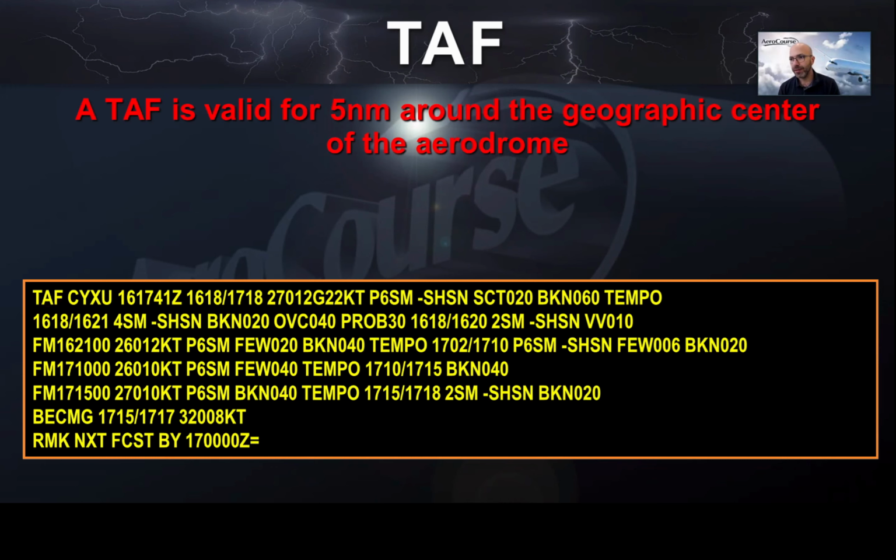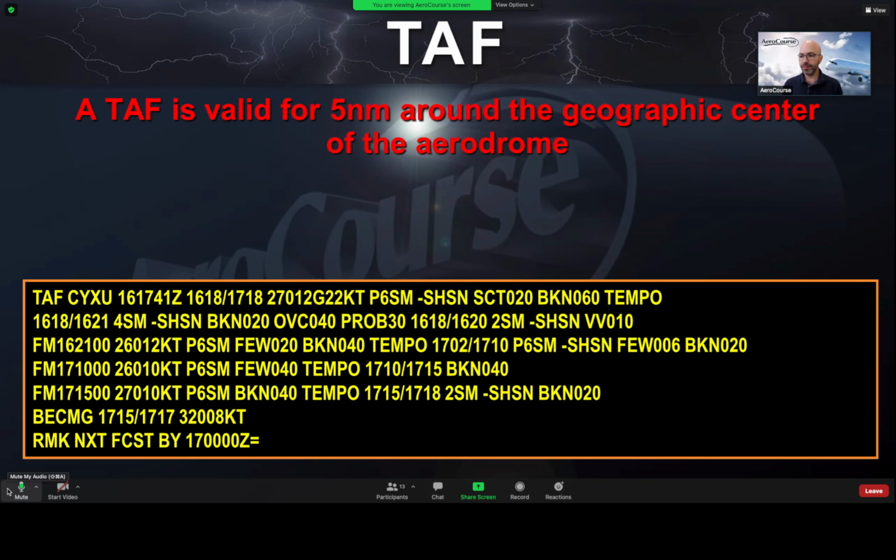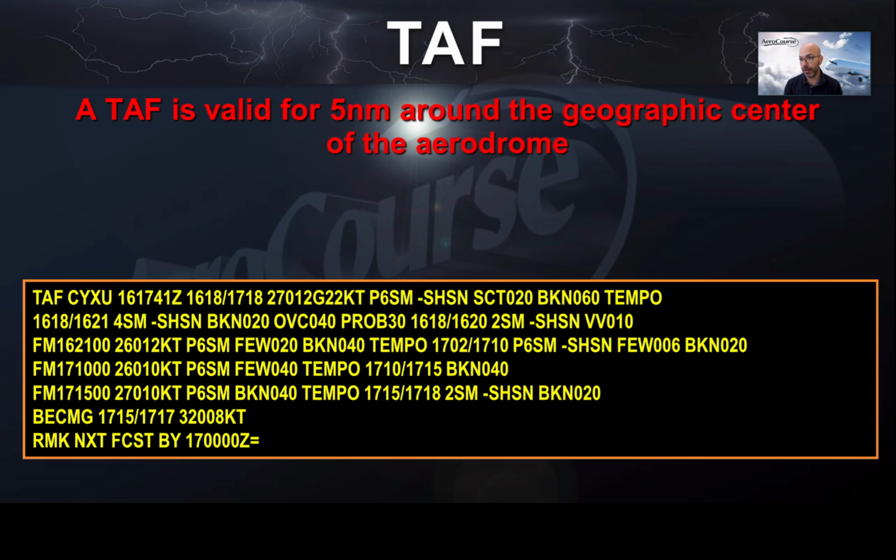METAR is different. It's not 5 miles. 10 miles? Nope. Isn't it just the aerodrome? Yep. Just at the airport. Good. So TAFs are valid 5 miles around the center of an aerodrome. METARs are only valid at the aerodrome. So within the fence, basically.